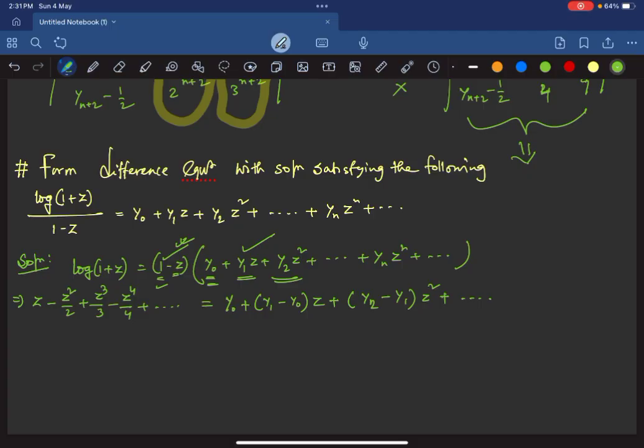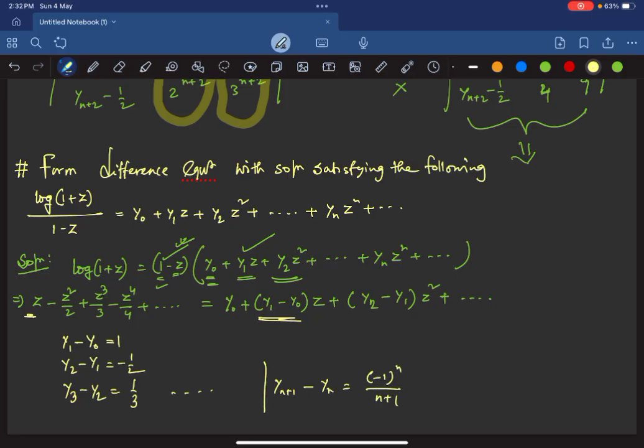So if you compare both sides, this term should equal the coefficient of z. Here the coefficient of z is 1, so y1 minus y0 is 1, then y2 minus y1 is minus half, y3 minus y2 is 1 by 3, and so on. If you proceed further, ultimately you have yn plus 1 minus yn equals minus 1 power n by n plus 1.